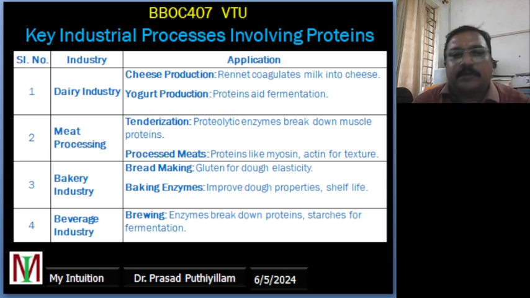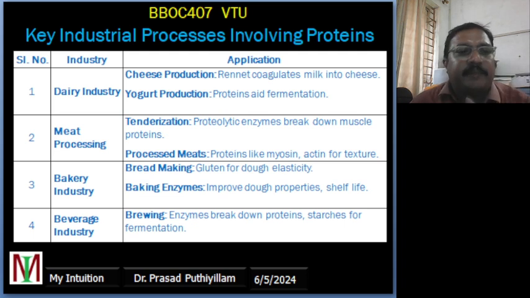Proteolytic enzymes such as papain and bromelain are used to tenderize meat by breaking down the muscle proteins. Then in processed meats, proteins like myosin and actin are involved in the emulsification process, which is very crucial for the texture and stability of products like sausages.